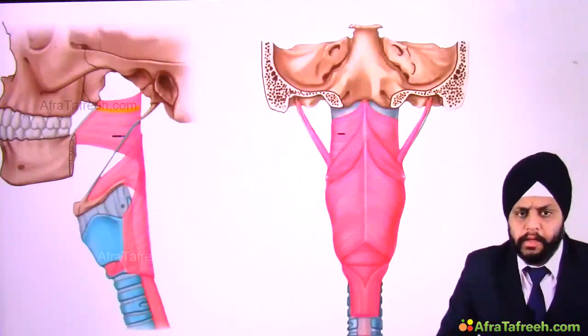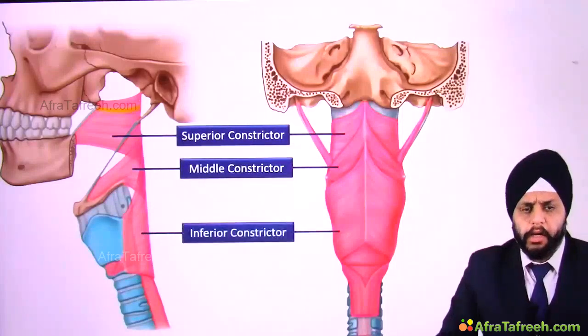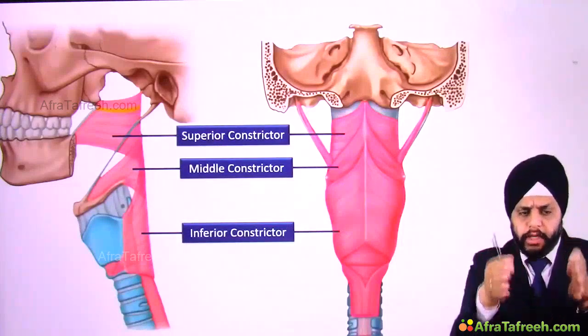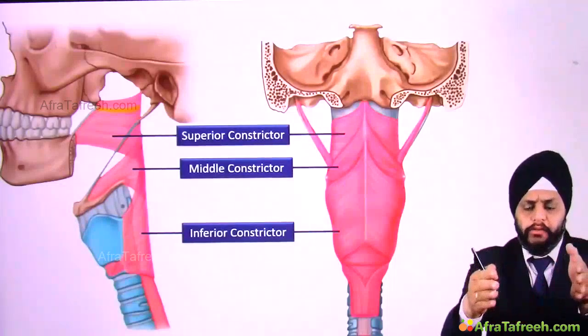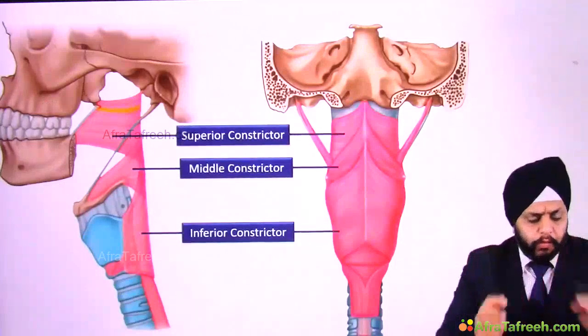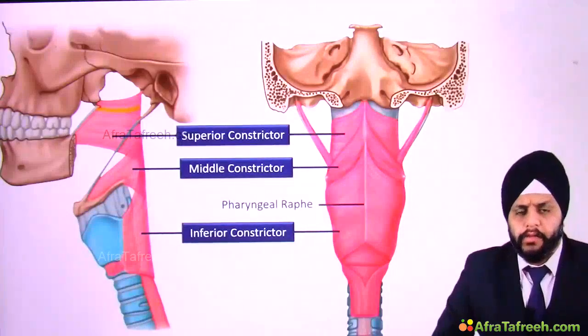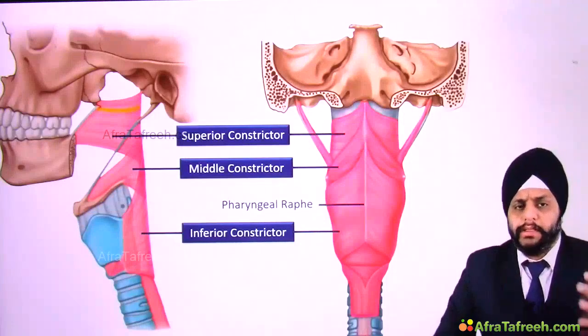All these three constrictor muscles, you see they are attached to a structure anteriorly. So they are open anteriorly, then they go all around and they fuse posteriorly with each other in the midline pharyngeal raphe. Right? Okay. We also discussed the nerve supply.